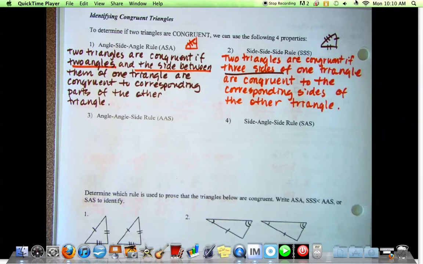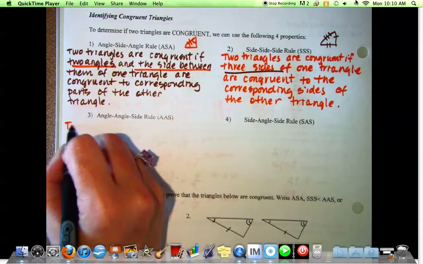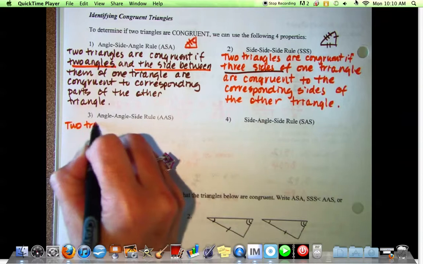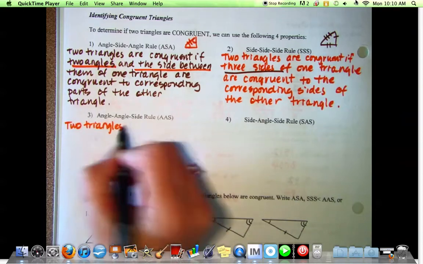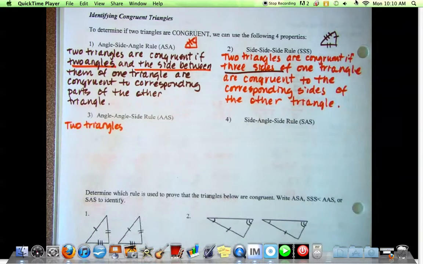Angle, angle, side. Yes. Sammy is a great predictor.